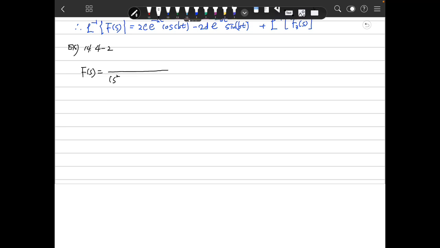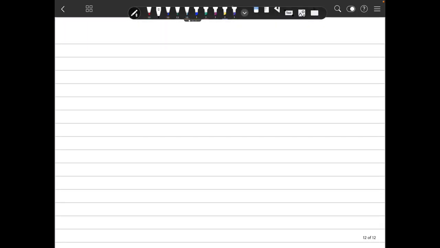Now I think we use another page. F(s) is s squared plus 6s plus 10, and it's s plus 2 and 10.